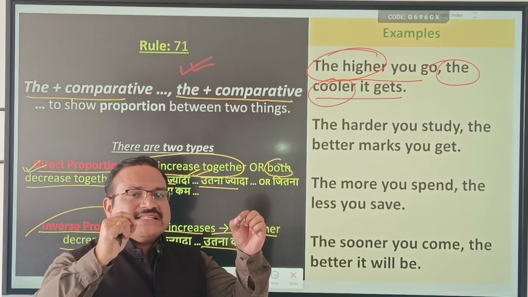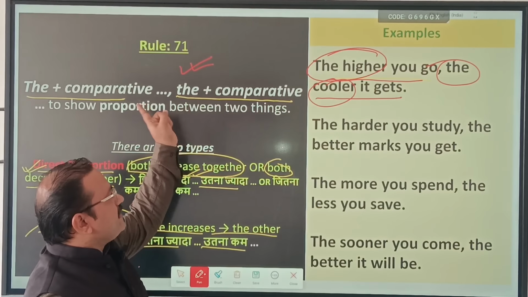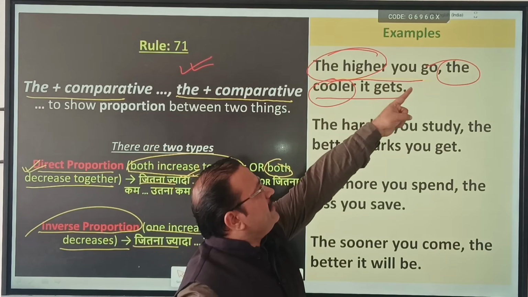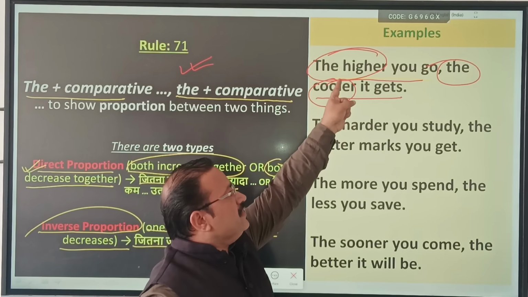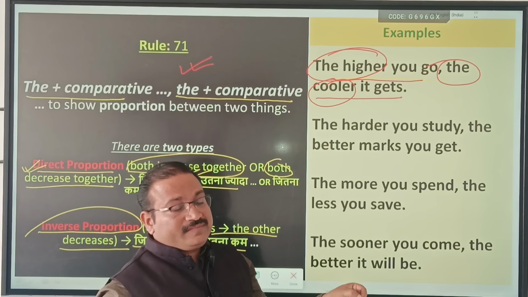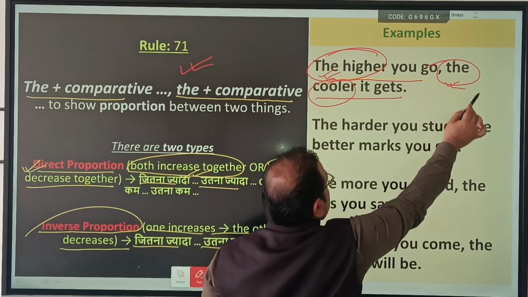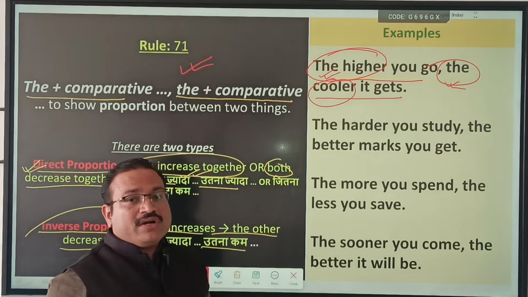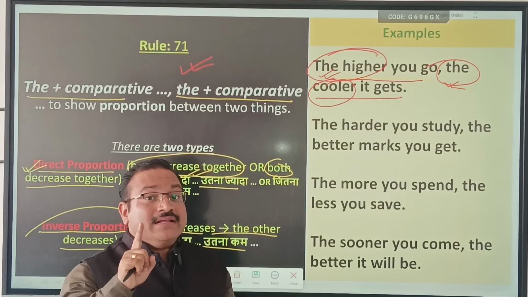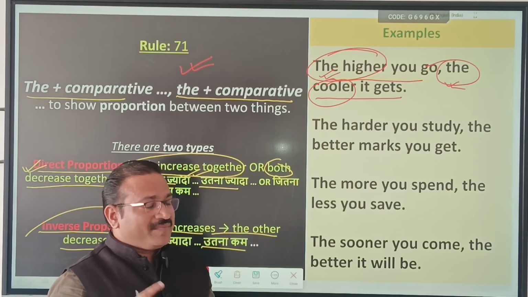If both are increasing simultaneously, then we shall apply this: the plus comparative degree, and the plus comparative degree. The higher you go, the cooler it gets. And remember, the is very important. You cannot say higher you go, cooler it gets. No. The higher you go, the cooler it gets.